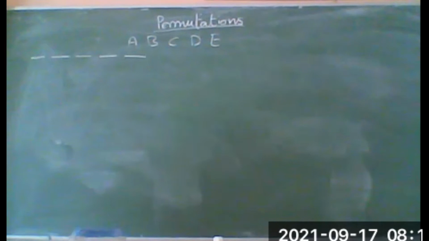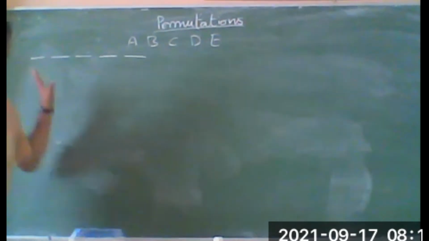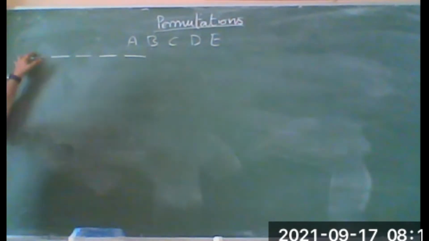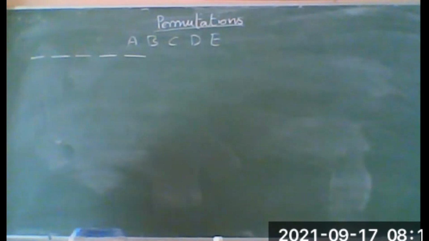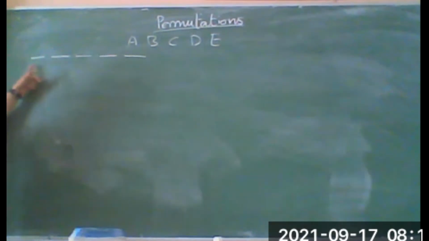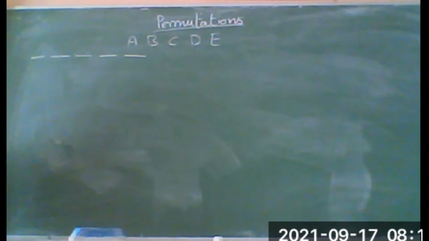In our hand we are having these 5 letters, and we need to put one letter in one block at a time. So for the first position, how many possibilities are there? 5. 5 letters we are having, so 5 possibilities.